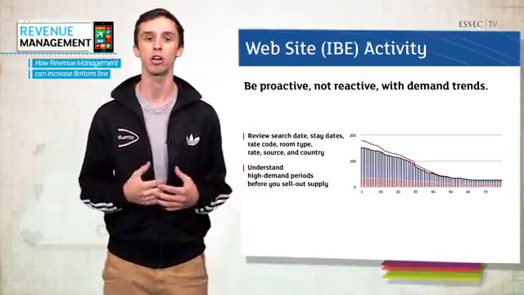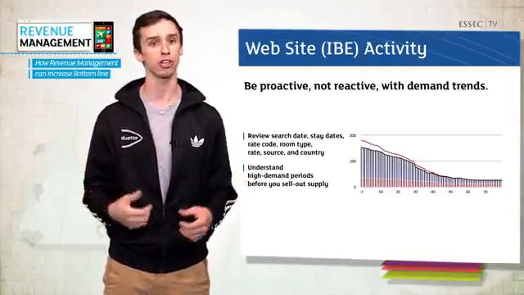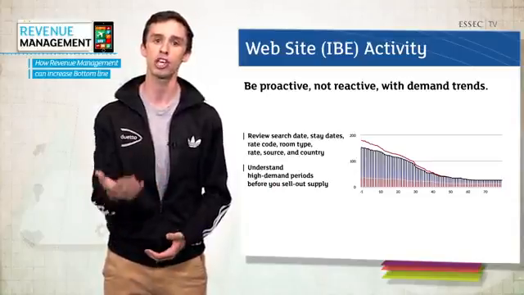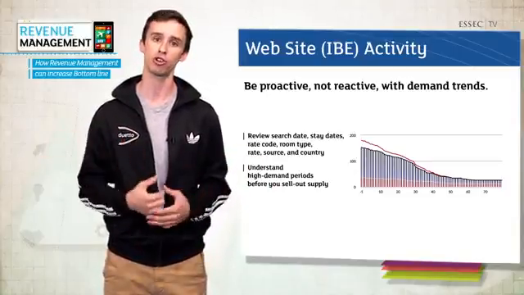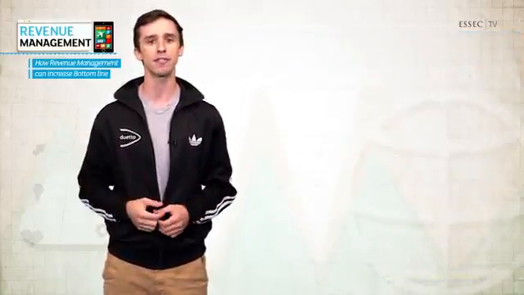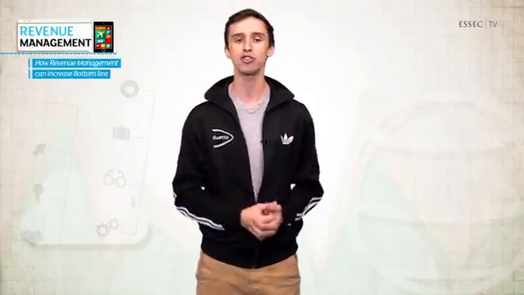bookings started to occur. If you're only pricing on customers who have already purchased, then you're already a step behind in your forecasting abilities, which impacts your pricing and promotional strategies. With the ability to track website activity, you could actually be proactive and not reactive with demand trends.